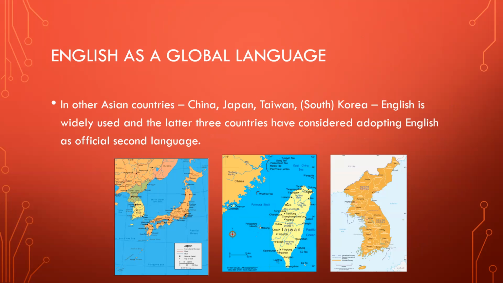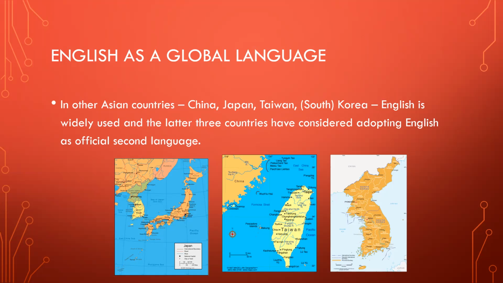So other Asian countries that don't necessarily have a historical or political tie to the United States or Britain or any Anglophone country have adopted English and have installed schools to teach English to their populations. So China, Japan, Taiwan, South Korea, English is widely used in these contexts.